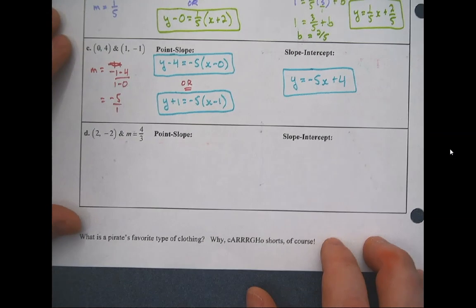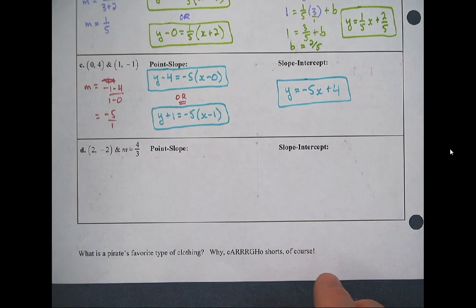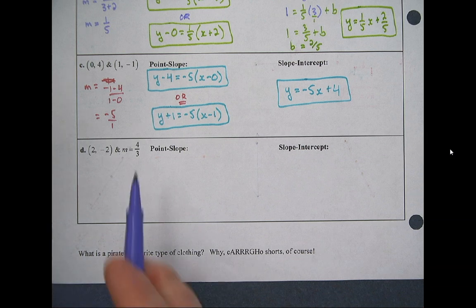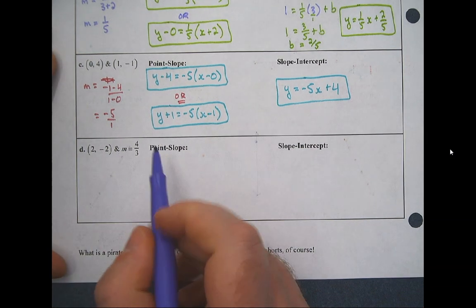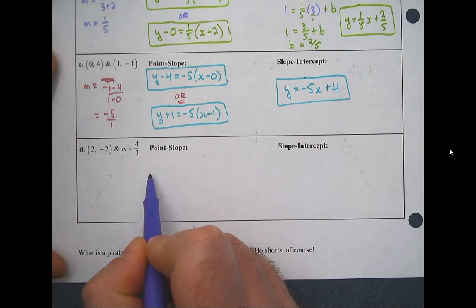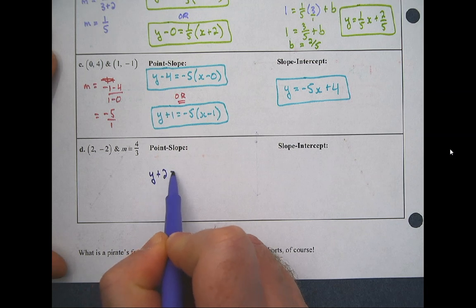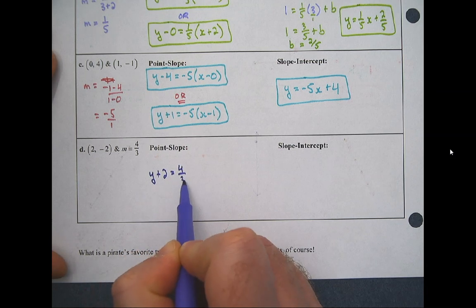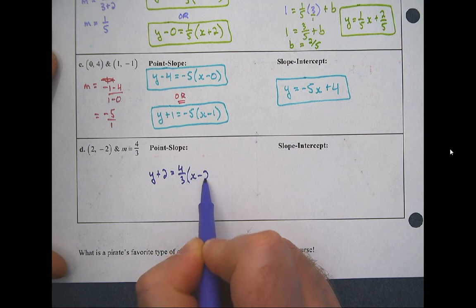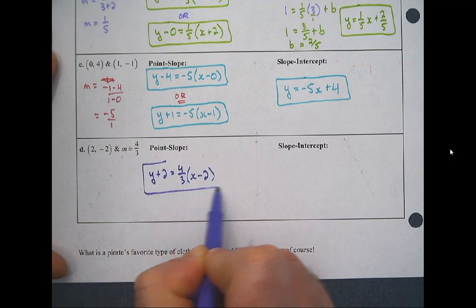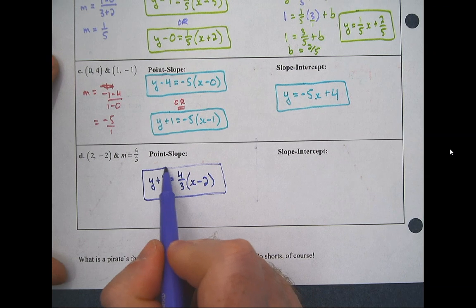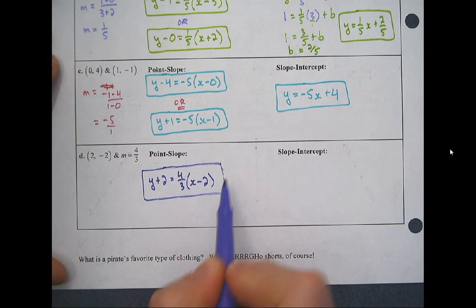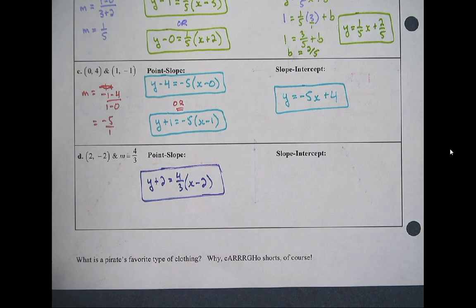Okay, last one, point slope. They gave me the slope, so I don't have to calculate that. Point slope, I only have 1 point this time, so y plus 2 equals 4/3 times the quantity x minus 2. And then to write it in slope-intercept form, I've got to do some plugging and a chugging.